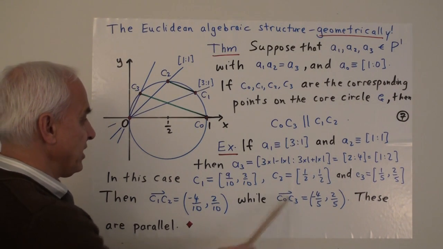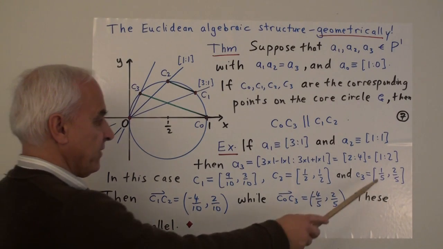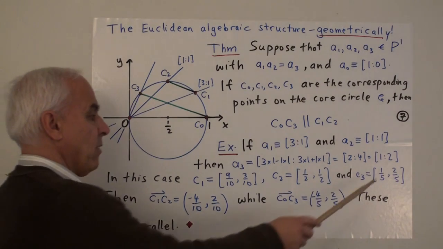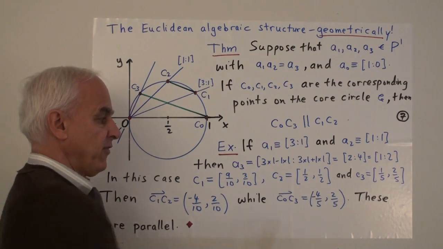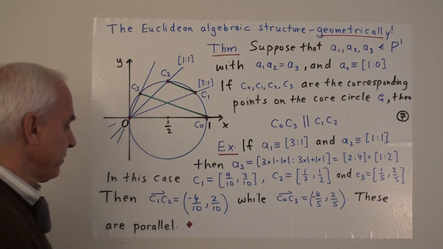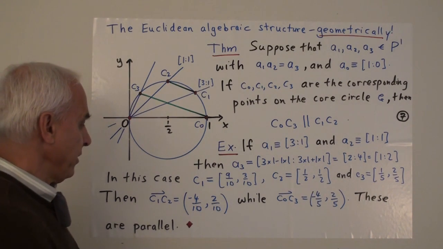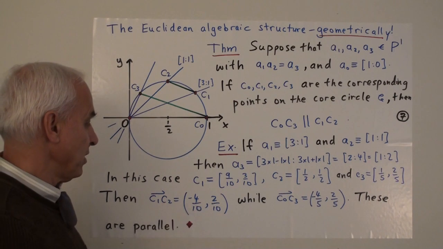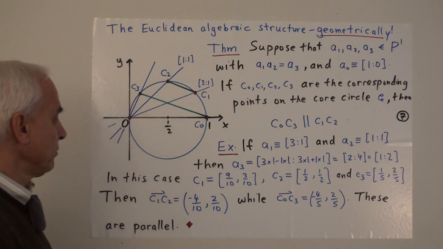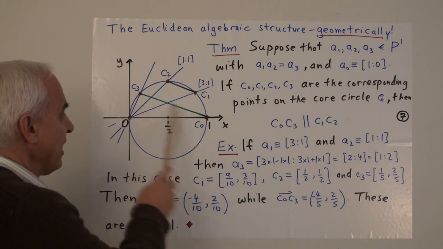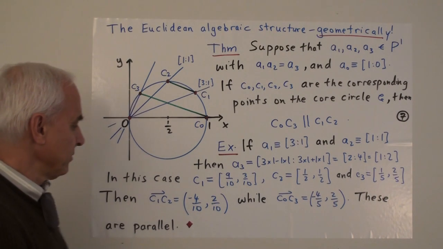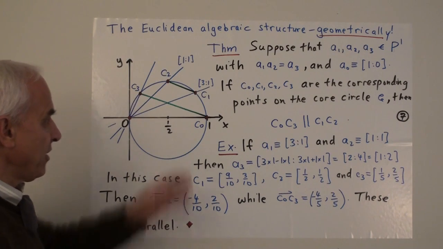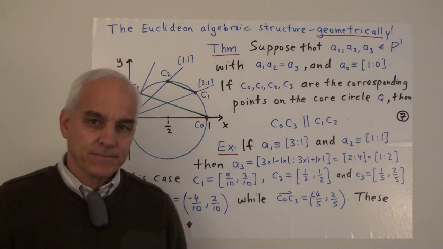While C0, C3, the difference between C3 and 1, 0, will be 1/5 minus 1, which is minus 4/5, and 2/5. The claim is these are parallel. And are they? Well, yes, this one's just half of this one. This happens to be exactly half of this one, pleasantly. So in this example, yes, we can see that this works. The theorem says it always works.